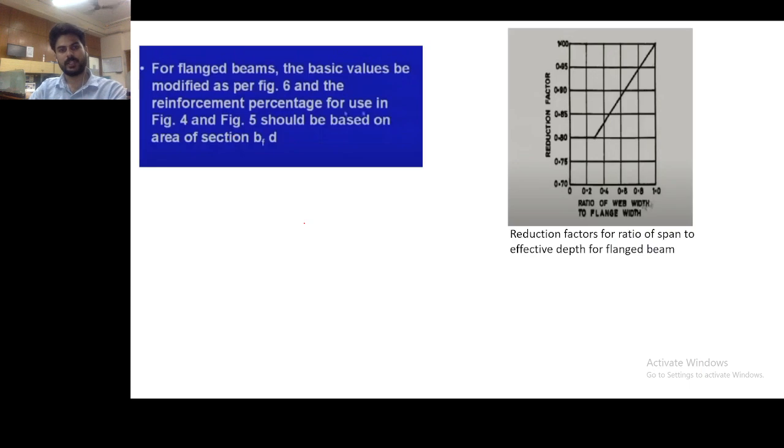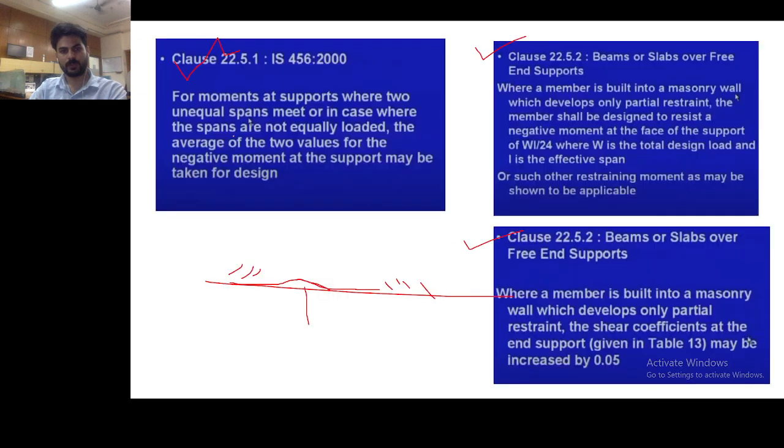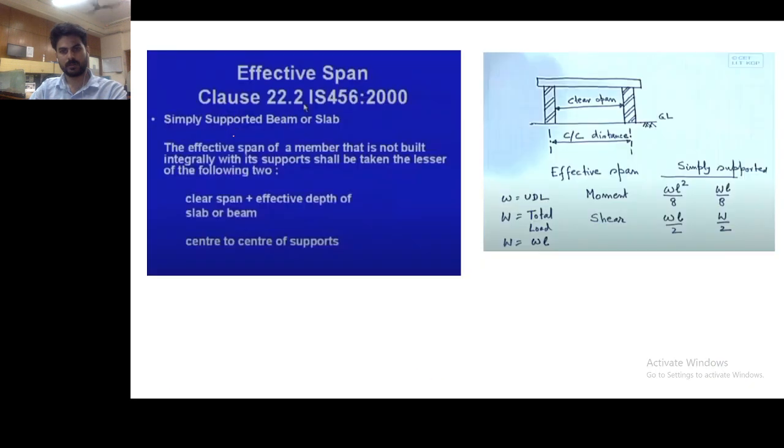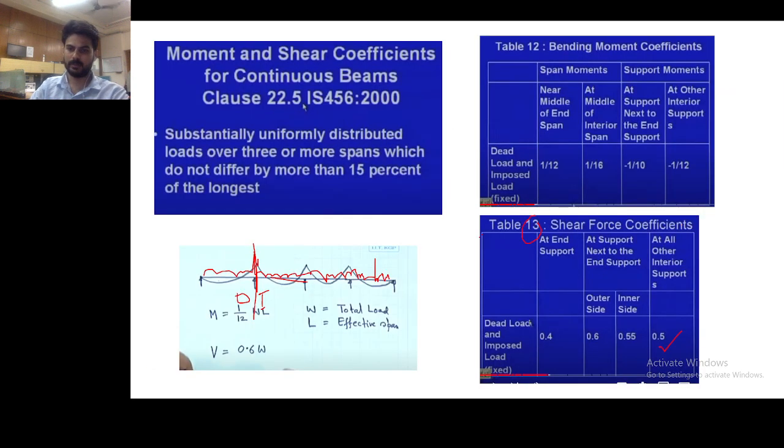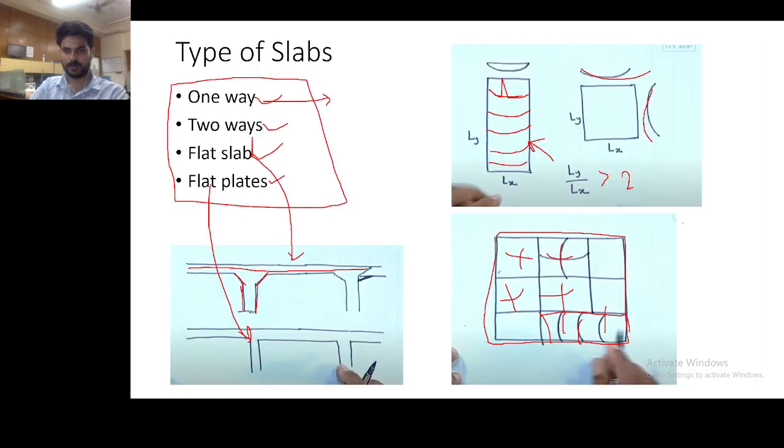That we have seen in the first slide. I will show you. See these formulas, right? WL by 8 and W by 2. So this is capital W. Or we can directly use wL square by 8 or wL by 2 when we use smaller w, which is per meter.